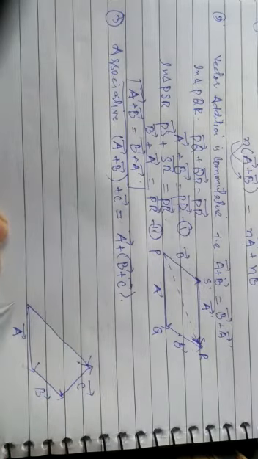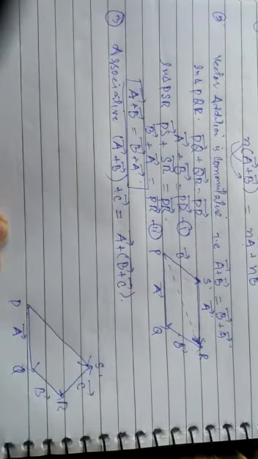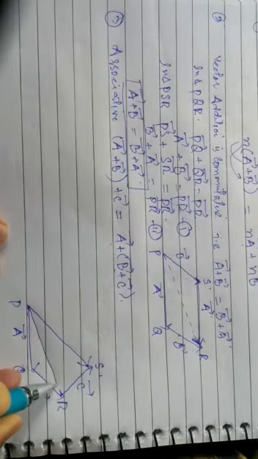Let this be P, this Q, this R, and this S. Now what do we have to show first? We have to show vector A plus vector B plus vector C equals A plus B plus C. Let's first join this diagonal to this.